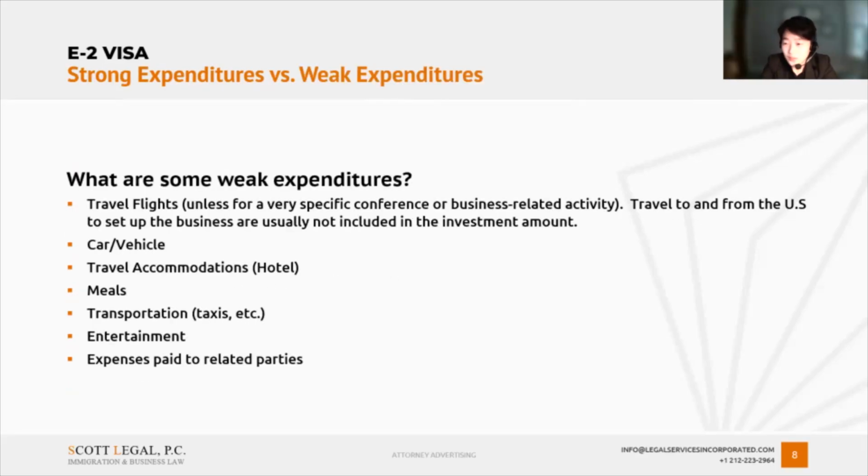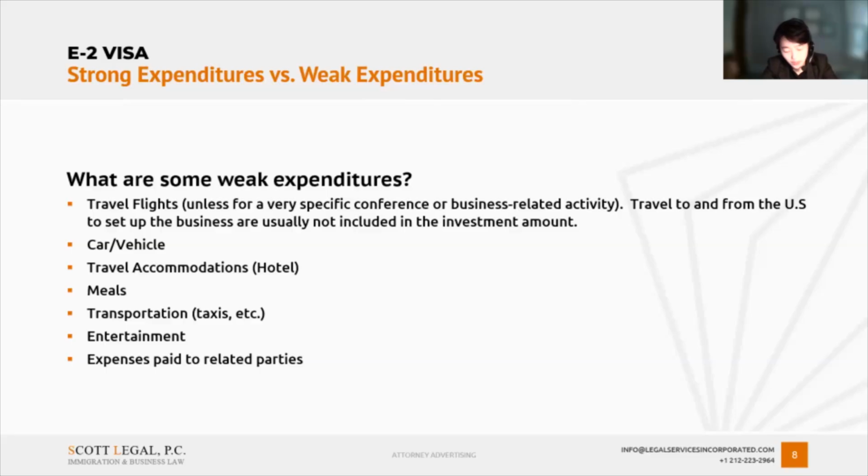All right, so let's go into a little bit more detail about what are strong expenditures versus what are some weak expenditures that you may want to avoid for an E2 visa application to maximize the chance of success. So, what are some weaker expenditure types? As Yogi mentioned earlier, incidentals, such as having a meal with your potential business partner, or things like travel costs and flights.